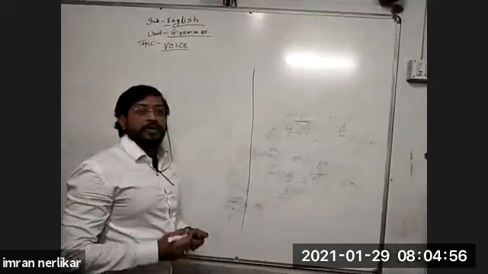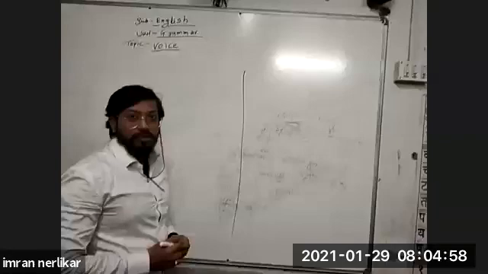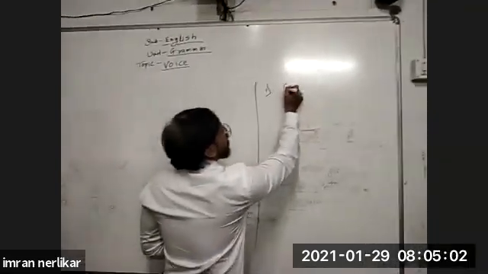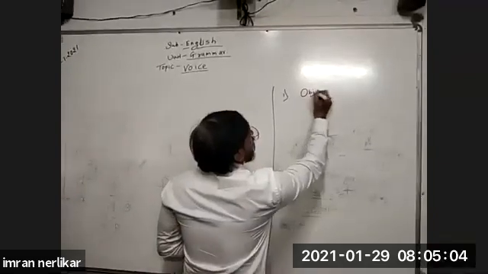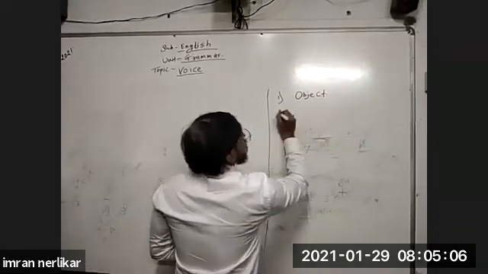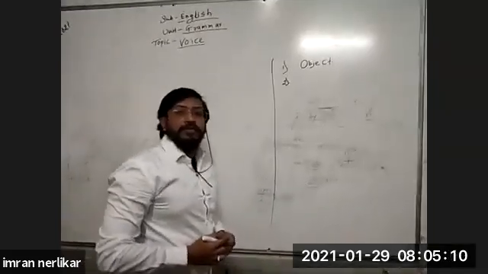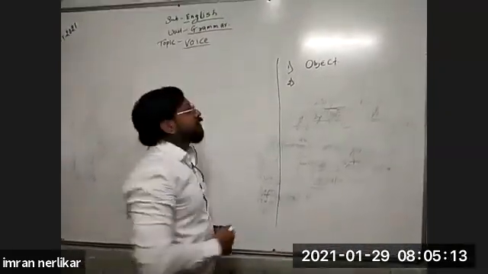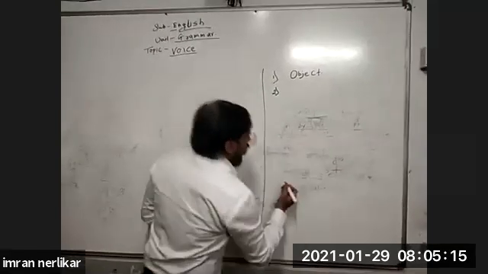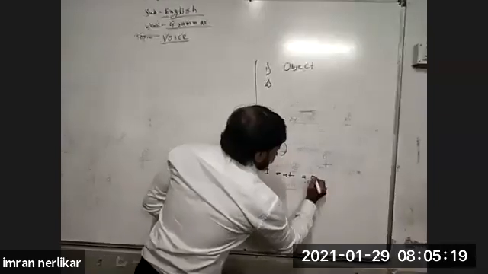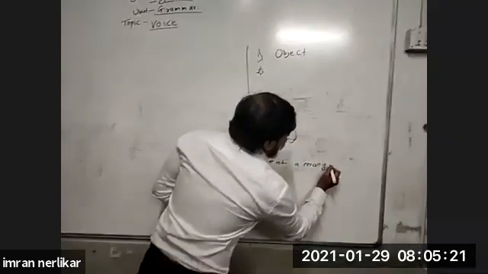When we convert a sentence from active to passive, the first rule is you should always begin the sentence with the object. In active voice, for example, I eat a mango.